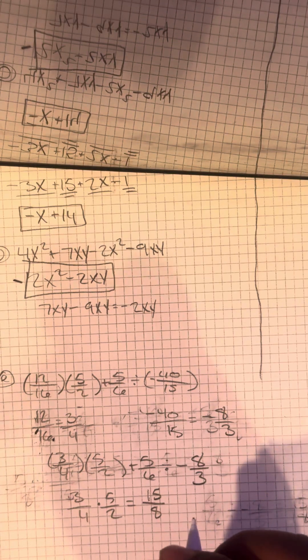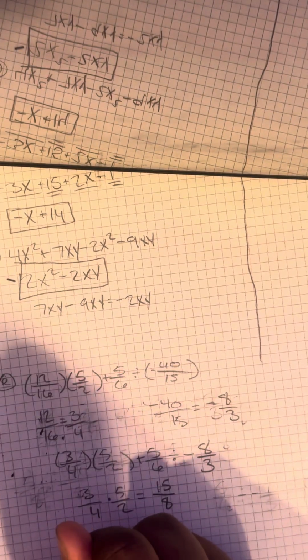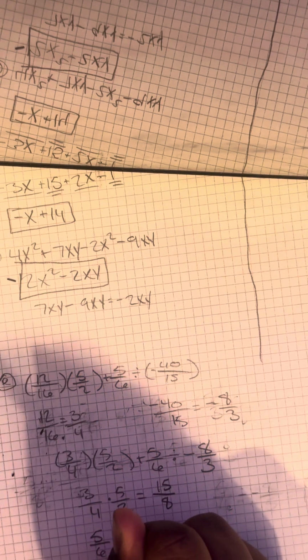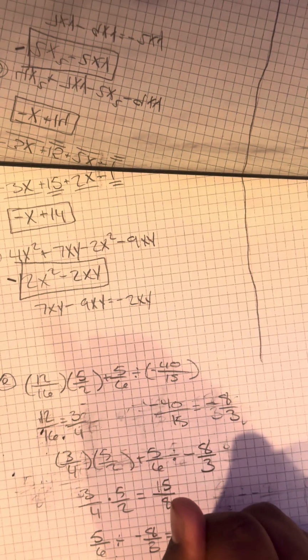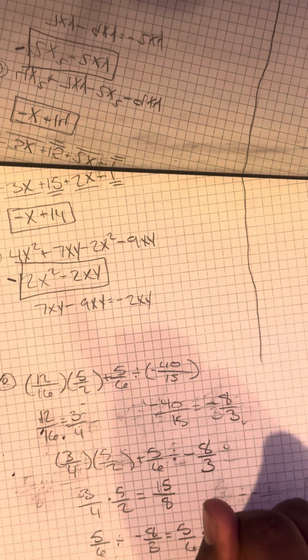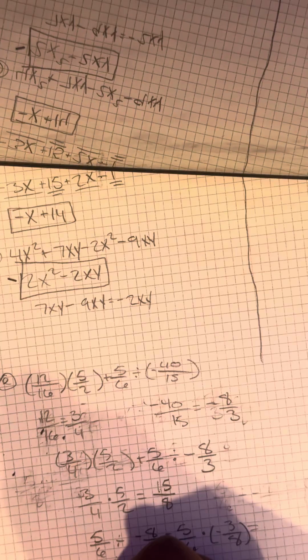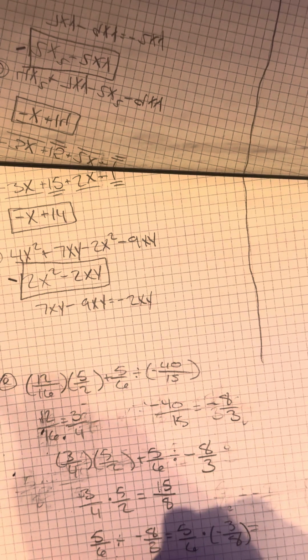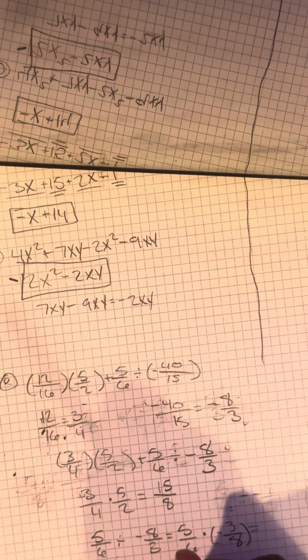So we can work on 5 over 6 divided by negative 8 over 3, which would just equal 5 over 6 times negative 3 over 8, which would be negative 15 over 48, which also equals negative 5 over 16.